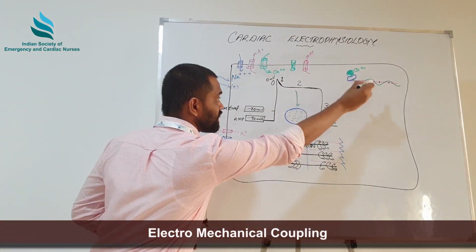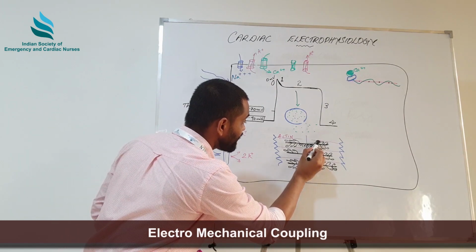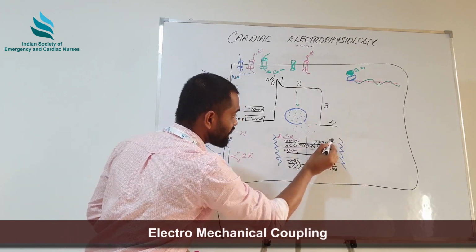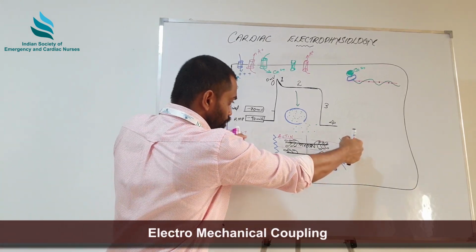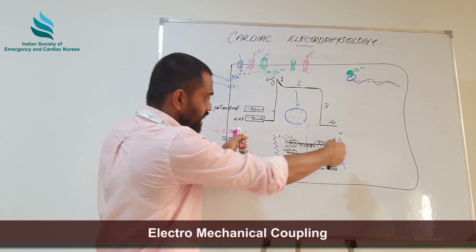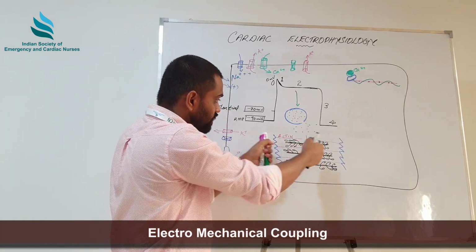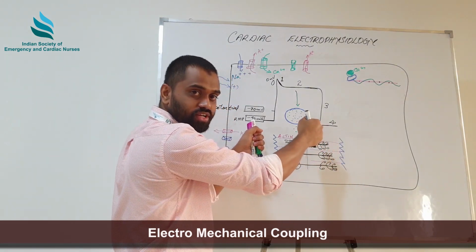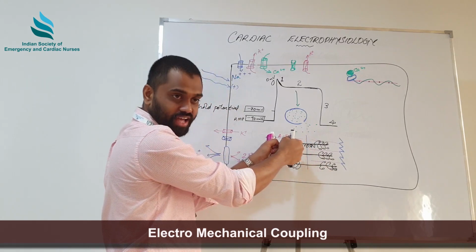So as the binding sites are exposed, now the myosin heads are free to attach to the actin filaments, and it pulls the Z line together. So as it pulls the Z line towards the center, the single unit of the muscle, which is the sarcomere, contracts.